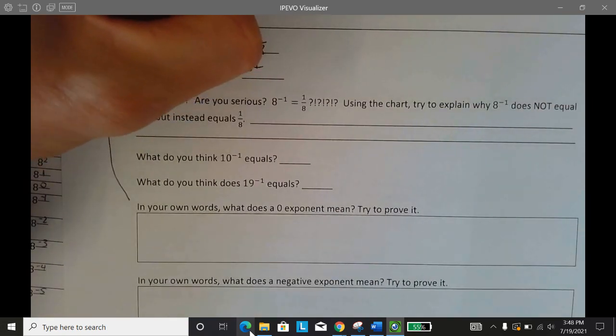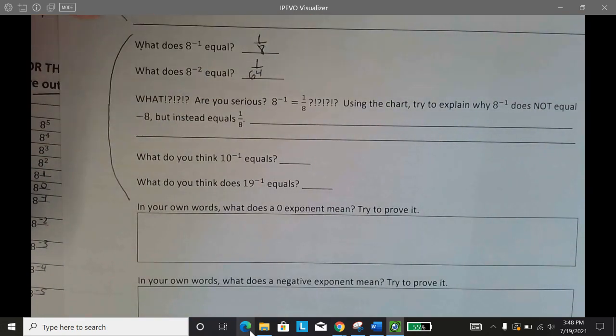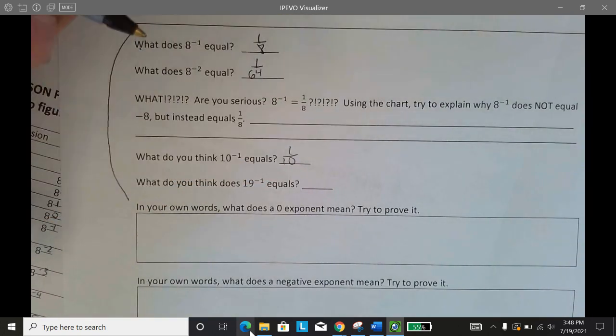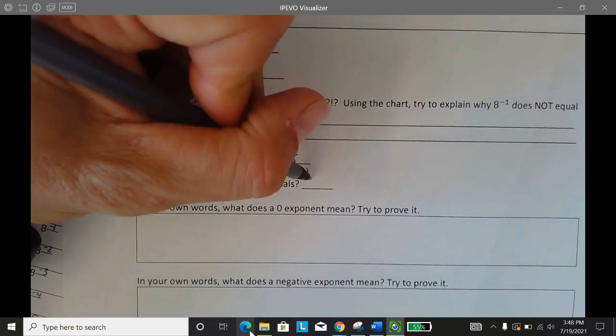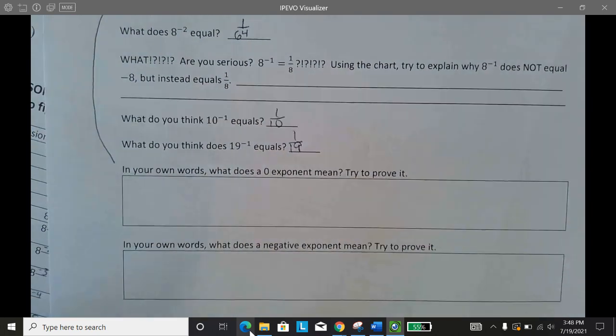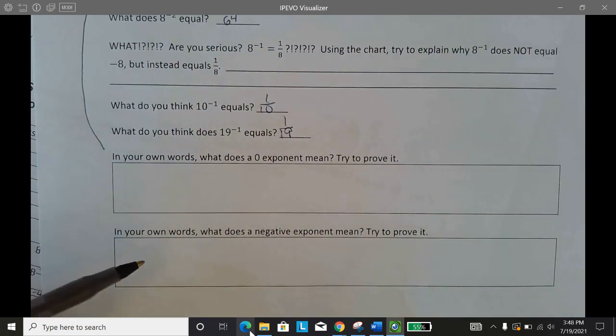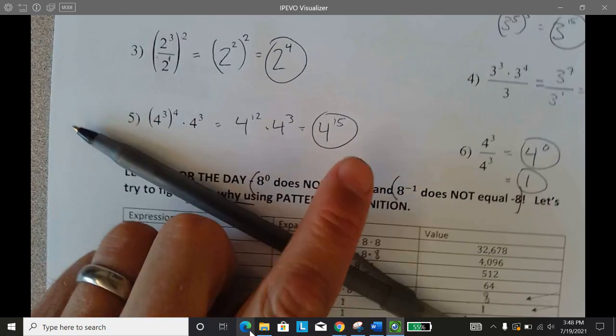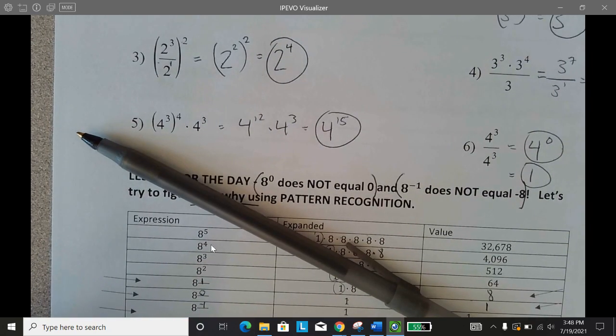Well, hopefully you realize this is 1/64. This, I'm interested in what you think. This is going to be 1/10. This is going to be 1/19. So keeping all that in mind, tell me what you think about these two. When you're done, go on to the next task or raise your hand. But good job.